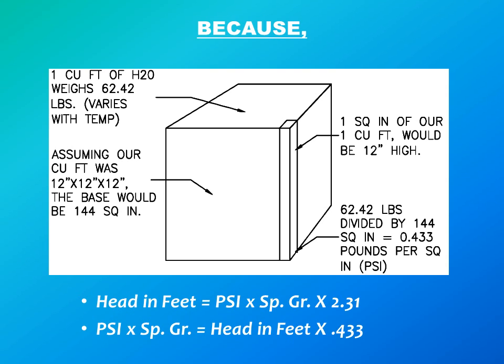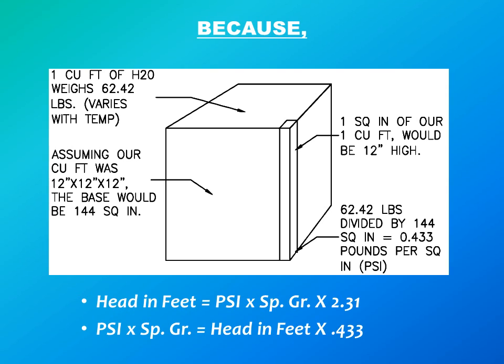Assuming our cubic foot was 12 inches by 12 inches by 12 inches, the base of the cube would be 144 square inches. If we took 1 square inch from the base and had 1 foot high, that would give us the section that you see in the right hand corner, and if we divide 62.42 pounds by 144 square inches, that gives us 0.433 pounds per square inch, or psi.